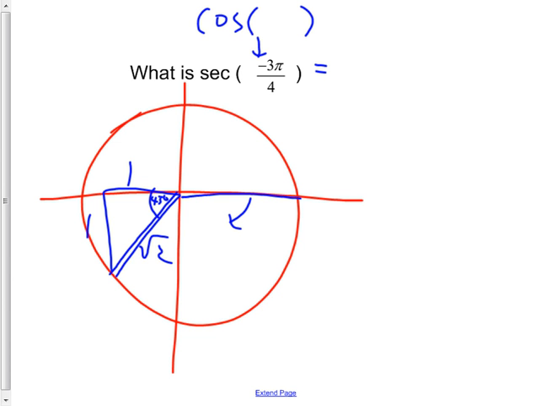So what's the cosine of this thing? Adjacent over hypotenuse. And something felt wrong about this. What's wrong about it? Negative. That's a negative. That's a negative. Okay, so cosine is adjacent over hypotenuse would be -1 over root 2. But then to get secant, I got to flip that. So it's negative root 2 over 1.